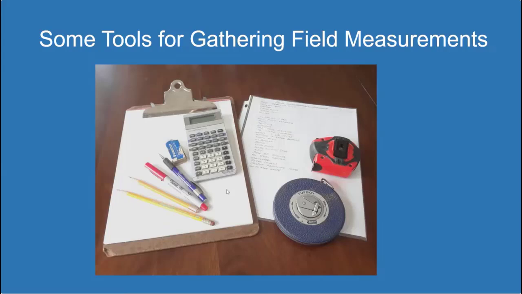Clipboard is handy. This blue tape is a 100-foot tape, and the red one is a 16-footer. The 16-footer is handy when you're trying to measure smaller distances, especially things over your head, because to a certain extent the carpenter's tape will be able to hold itself stiff for 3 or 4 feet above you.